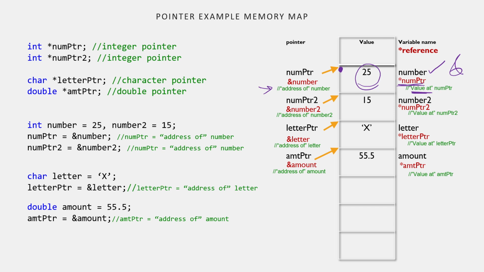So basically it takes this pointer, which is a pointer to an integer, and by putting the asterisk in front of it, that takes the pointer and turns it into an integer. So this is an integer, and this is an integer pointer.